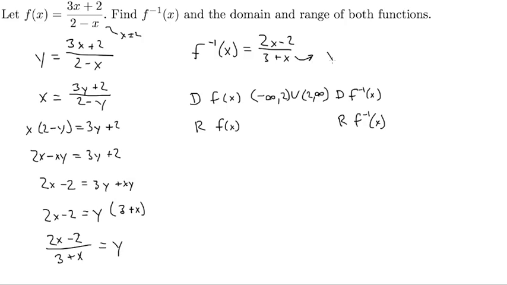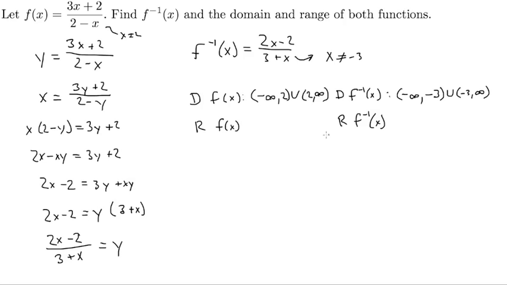So everywhere except where x equals negative 3. So once again, let's write this in interval notation. We're going to go from negative infinity to negative 3, skip over negative 3, and take everything else. Okay, so we've done the easy part of the problem. Or have we? This was pretty easy.